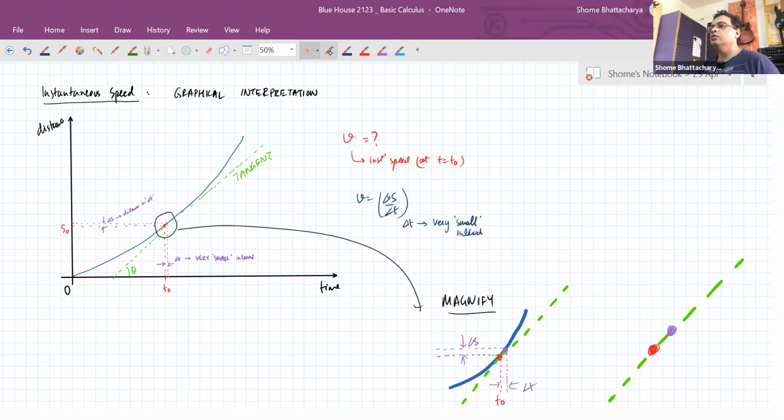Magnifying it even more, then you can see that this is my very small delta s in this very small interval of time delta t. Okay. So this particular right angle triangle, it has the same theta that the tangent line is making with respect to the time axis. So it's nothing but slope of tangent.